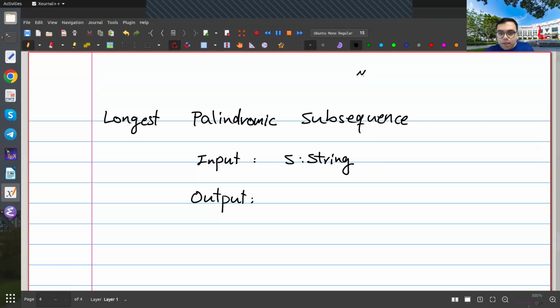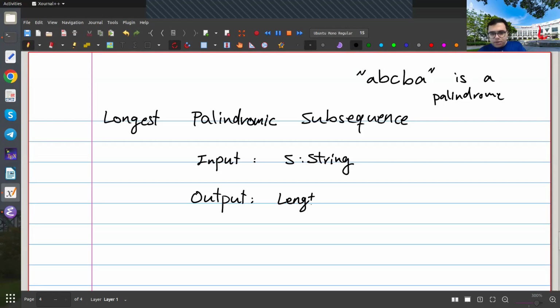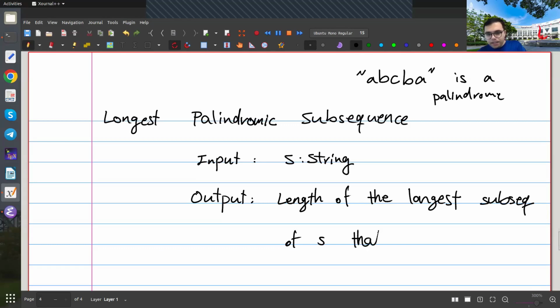So for example, something like A, B, C, B, A is a palindrome because you can read it from the end to the beginning or the beginning to the end, and it's the same, right? So as output, I want, again, either the length or the solution itself. So the length of the longest subsequence of S that is a palindrome.